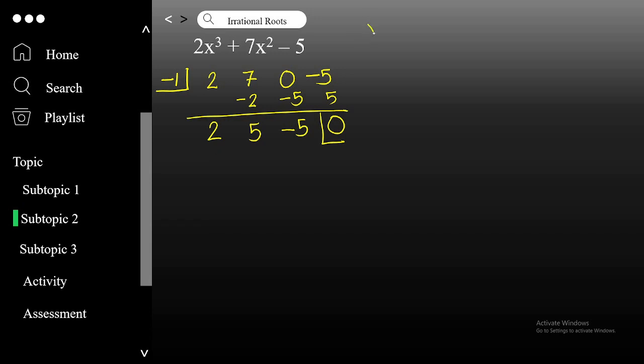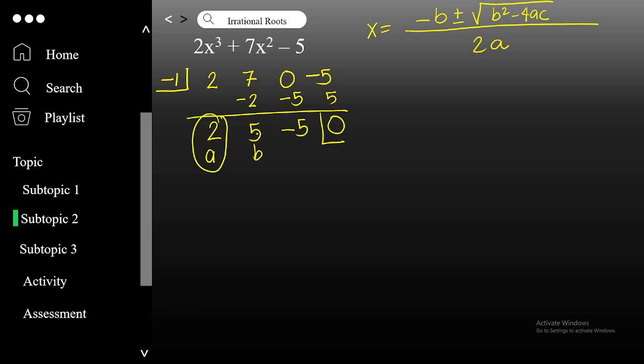Therefore, we will be using the quadratic formula again, which is -b plus minus the square root of b squared minus 4ac all over 2a. And this is a, this is b, and this is c.